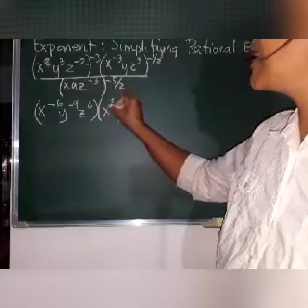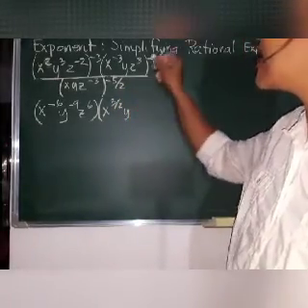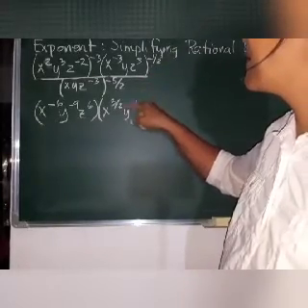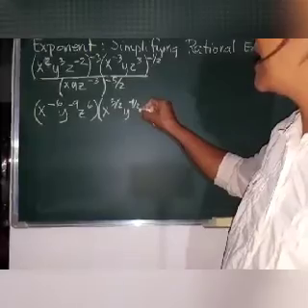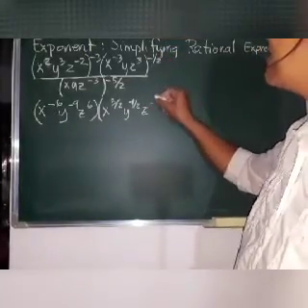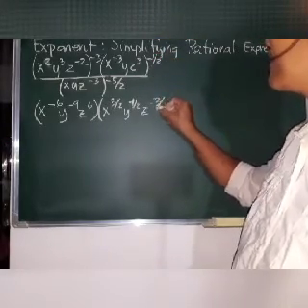So 3 halves, y raised to negative 1/2, and z raised to negative 3/2. 1/2 times 3 is 3/2.